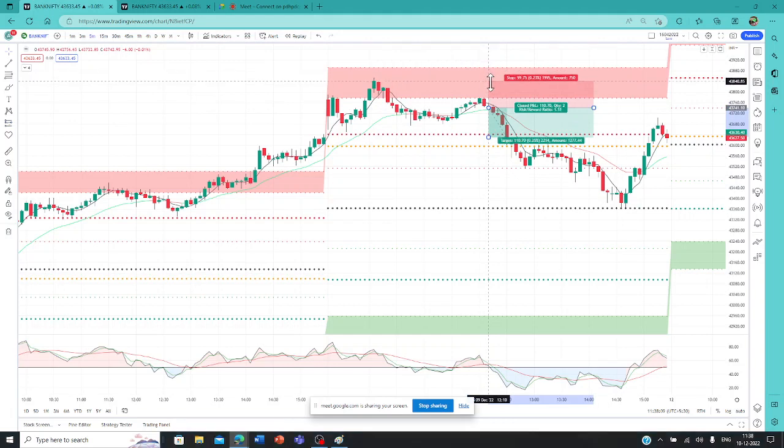If I keep my stop loss at the swing high, it's an 83 point stop loss, and my target gives me more than 1 is to 1. So I can take a risk here.